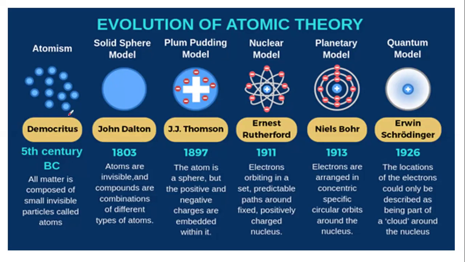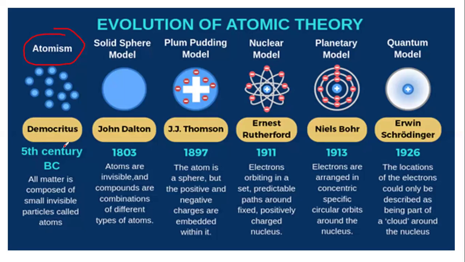The first scientist had a belief of atomism. Atomism simply means that Democritus, in the 5th century BC, believed that all matter is composed of small particles that we know as atoms.